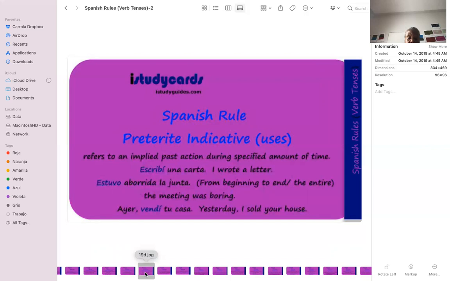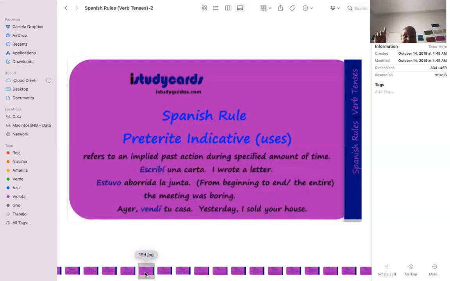All right. The preterite also refers to an implied past action during a specified period of time. Okay. Escribí una carta. I wrote a letter. Now you don't have to say last night or yesterday, anoche, ayer, but that's implied. Estuvo aburrida la junta.